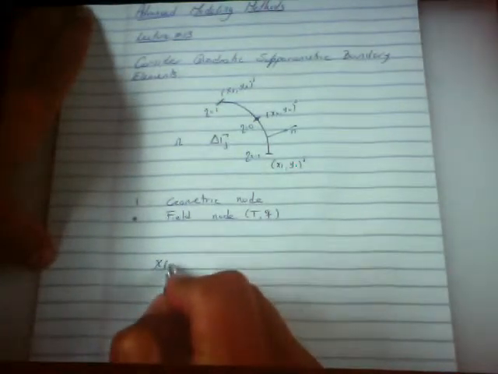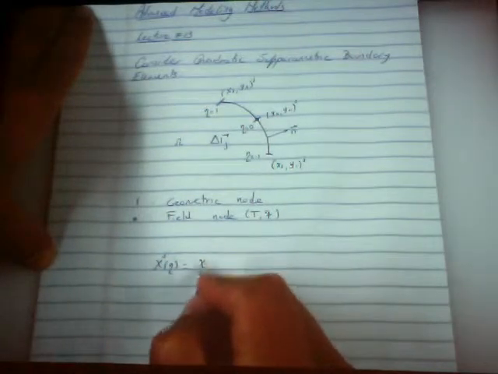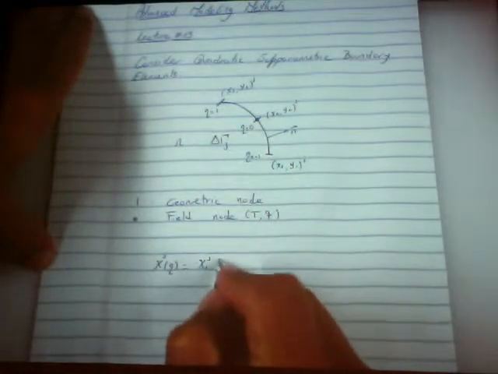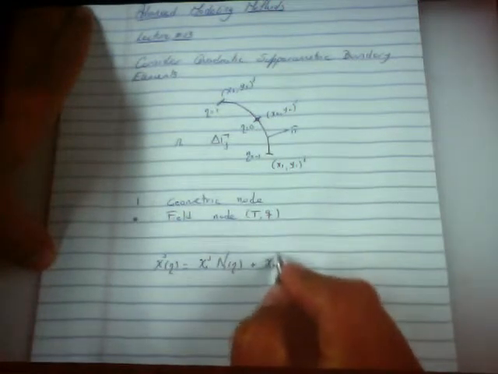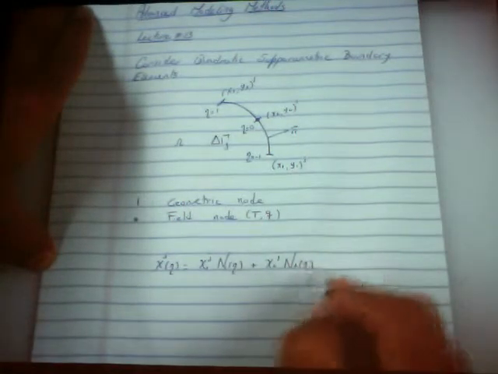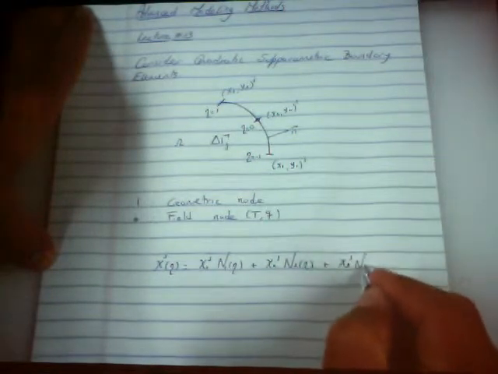So, x of eta of element j will be x1 times n1 of eta plus x2 times n2 of eta plus x3 times n3 of eta.